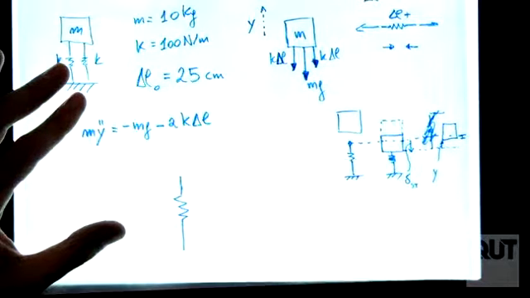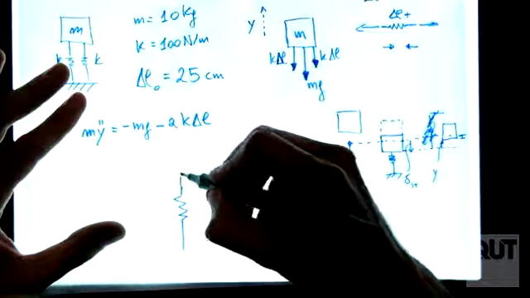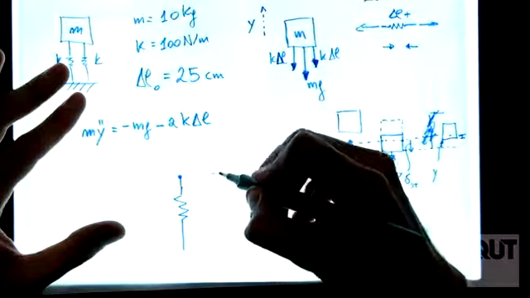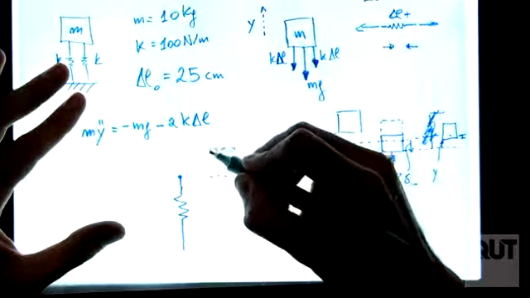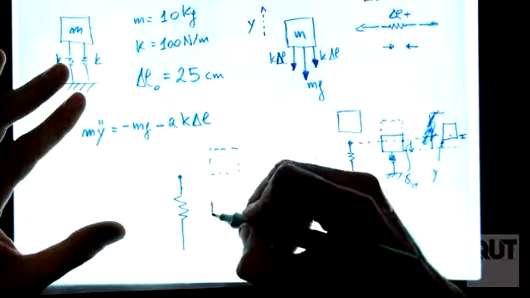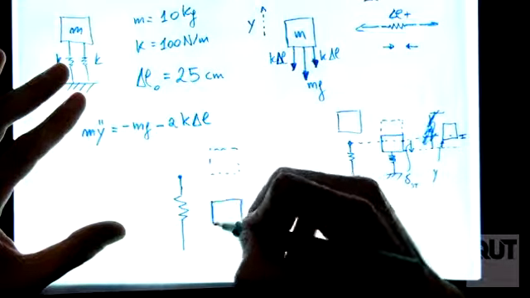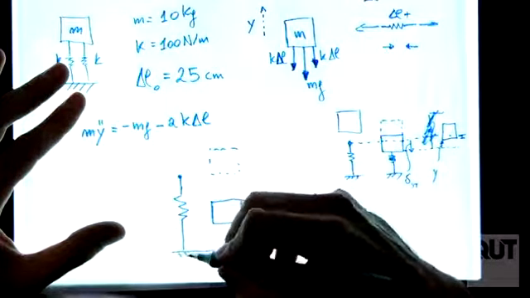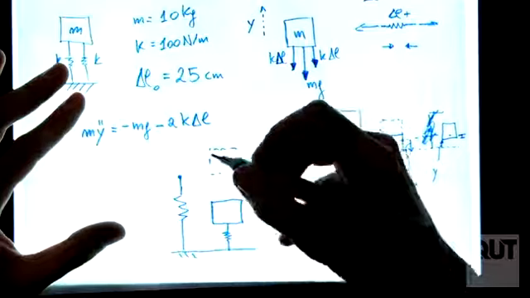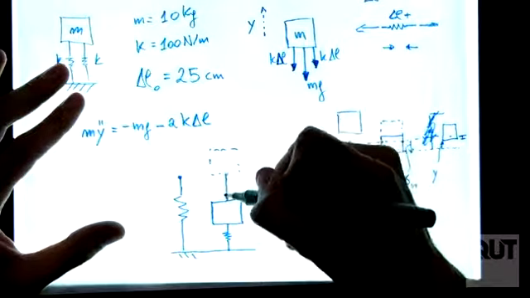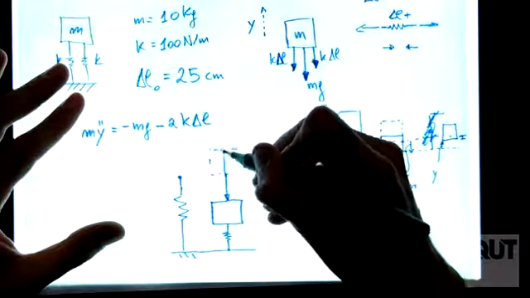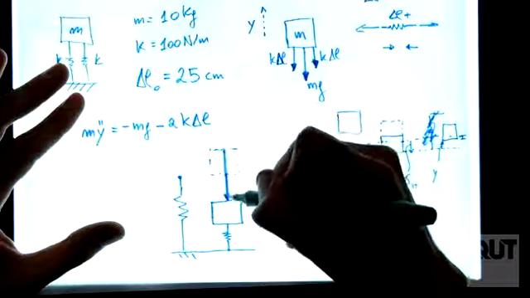Okay. So this is unloaded. I load it. So I put the mass on. That brings the thing down. Draw it very big so that we have no problem. So this is delta static.